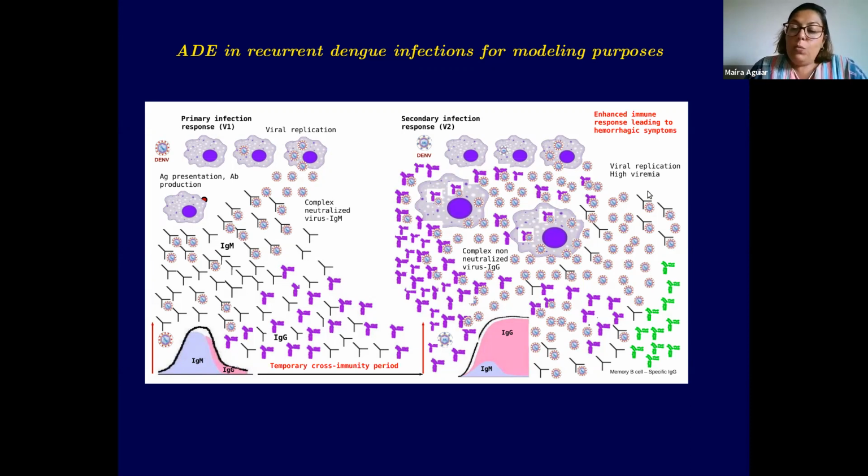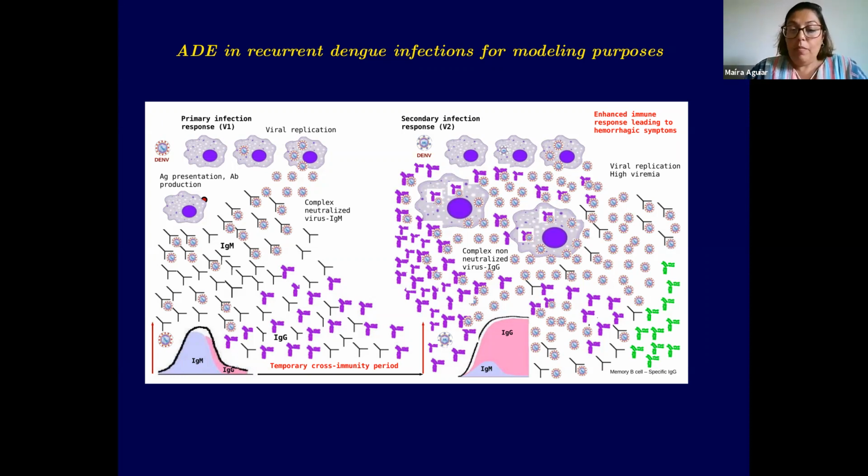The thing is that when we have this cascade of enhanced immunological responses, you also have an enhancement of symptoms, and most of them are described as blood leakage or hemorrhagic symptoms. And that's why a secondary dengue infection with a different serotype mediated by pre-existing antibodies will probably lead to severe disease with hemorrhagic symptoms.